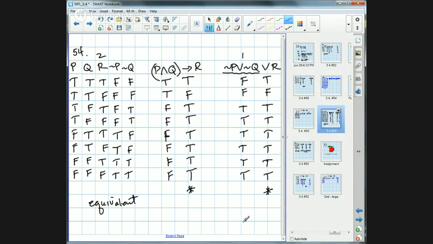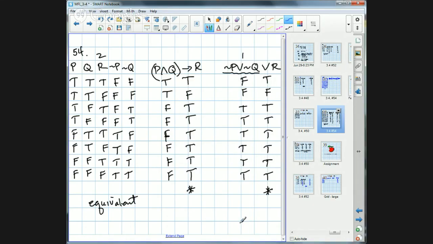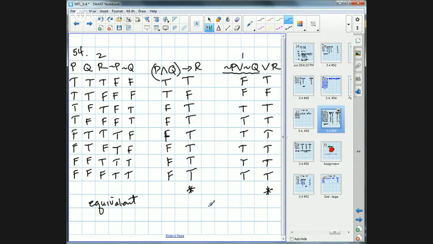Here, just take a look at this one. This is number 54. Those turned out to be equivalent again. Okay, well, what if they don't turn out to be equivalent?